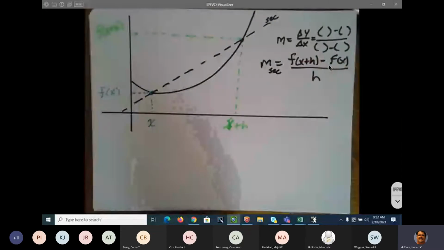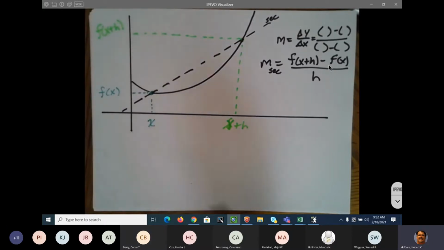But that's not what you want in physics and calculus. Can anybody tell me what line do you want in physics and calculus? Anybody? Not the secant line. The tangent line.